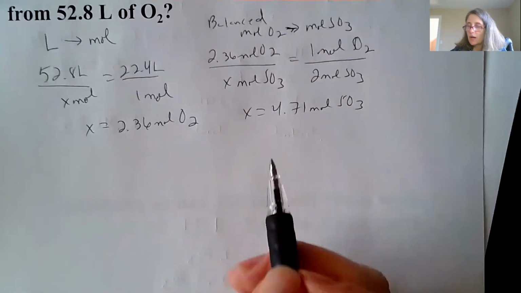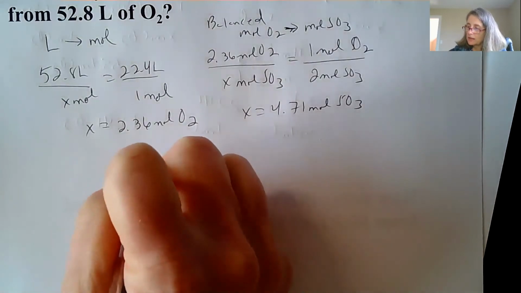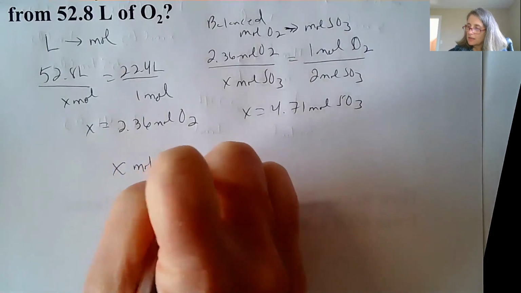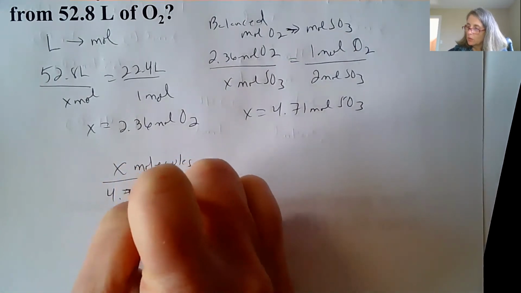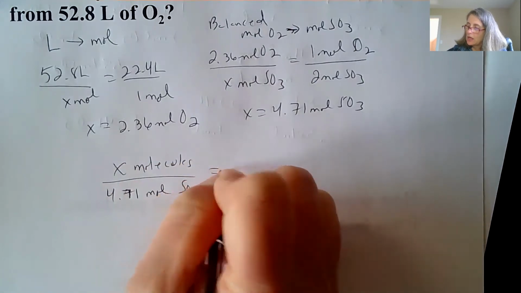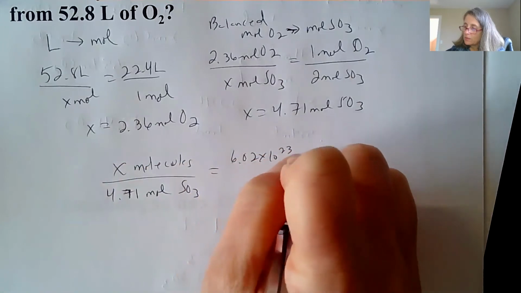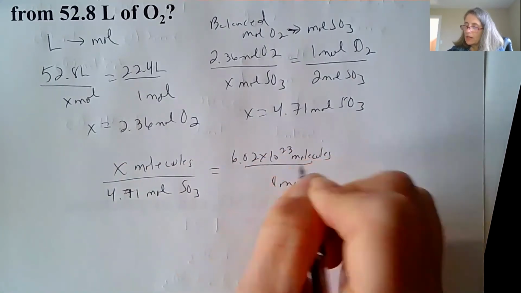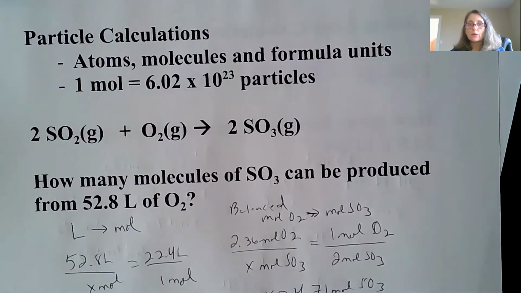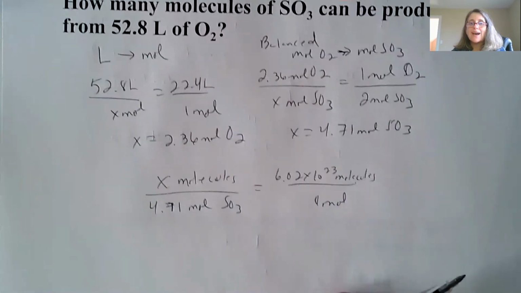So in the previous problem, I then converted to liters, but this one, I want to go to molecules. So how many molecules are in 4.71 moles of SO3? I'm going to be using 6.02 times 10 to the 23rd molecules for every 1 mole. Now again, why is this called a molecule and not a formula unit? Well, that's because sulfur and oxygen are both non-metals.